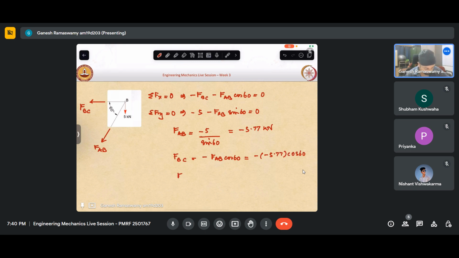So FBC comes out to be plus 2.89 kilonewton. So this is straightforward. I don't want to delve much into this. It is just arithmetic, which you can do.